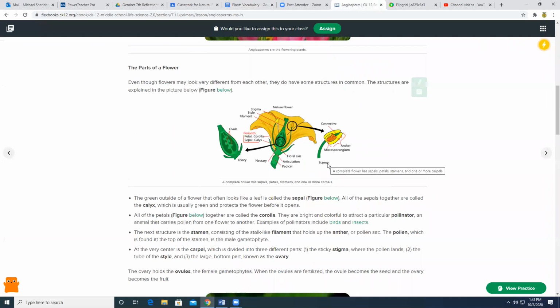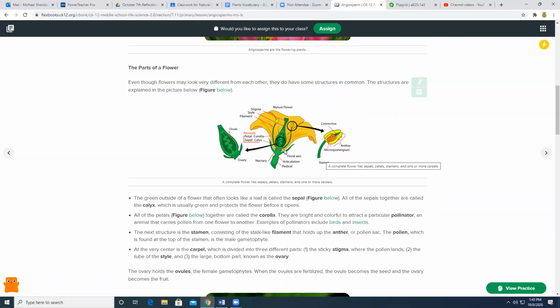So if you think about a corn plant, the stamen is actually on the top of the plant. It's what the tassel is. That's what actually produces the pollen.